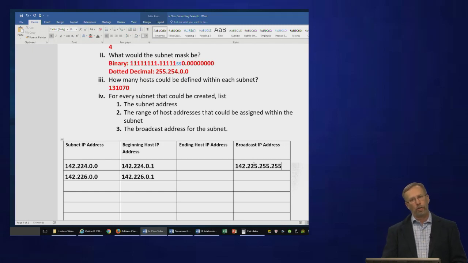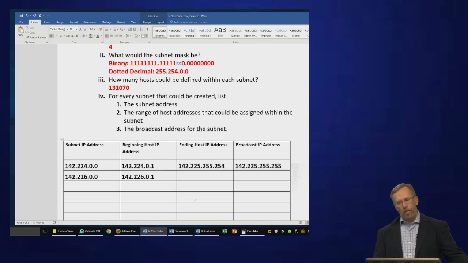That's the broadcast address. Because if I add 1 to this in binary, it becomes this number. And then if I subtract 1 in binary from the broadcast address, I'll get this address. I have to get my 225s and my 255s straight. And so that would be the last IP address.